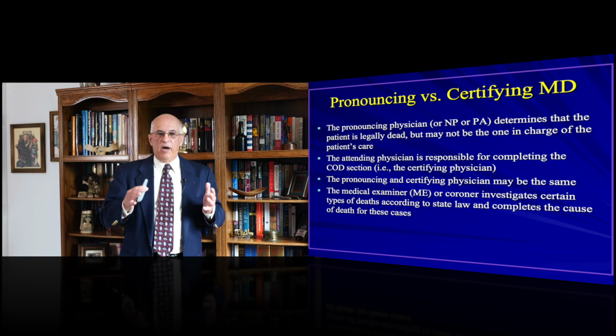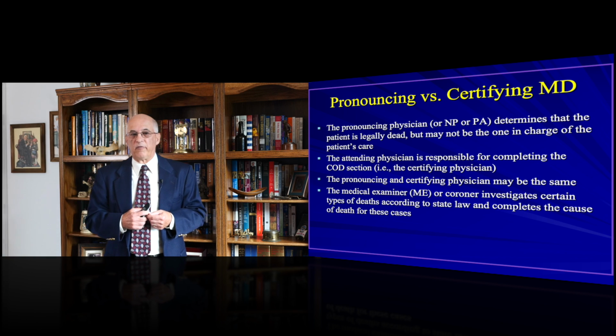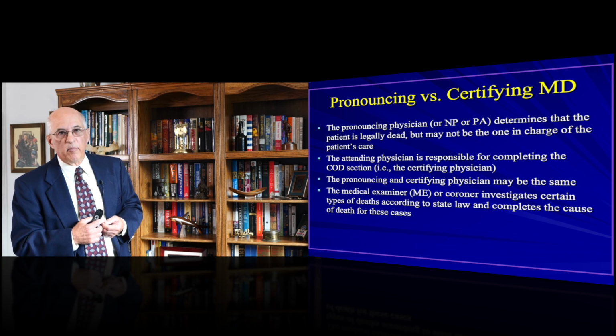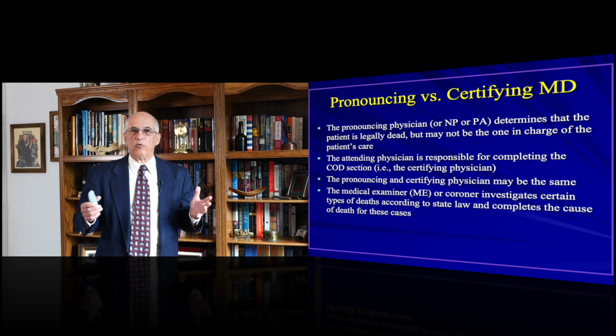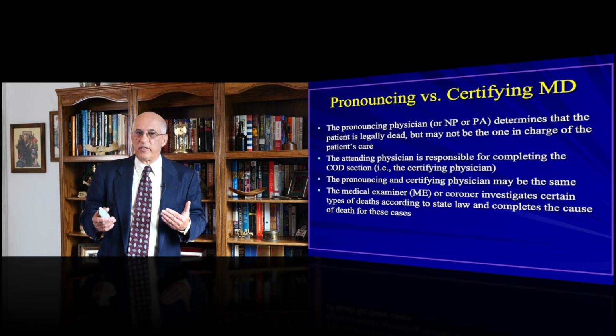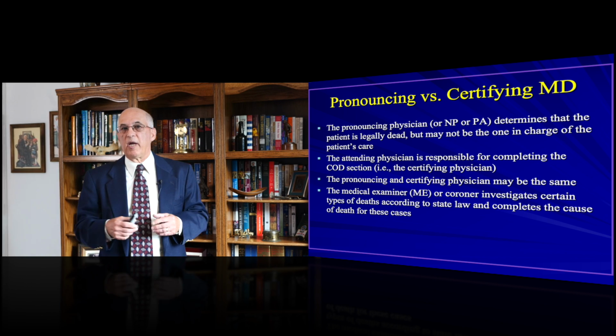Now, in other cases, the medical examiner, or in some states the coroner, will investigate certain types of death, and basically that would be the person who ends up certifying the death by filling out the death certificate. Now, in the emergency department, every single death goes to the medical examiner. At least we call the medical examiner on every death. That doesn't mean that they always accept the patient, and in fact, most of the time they don't.